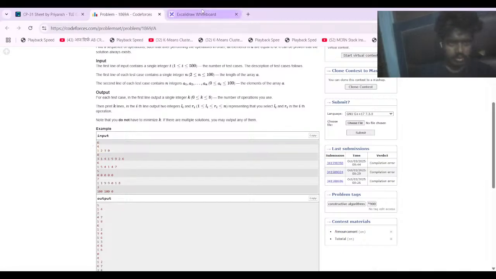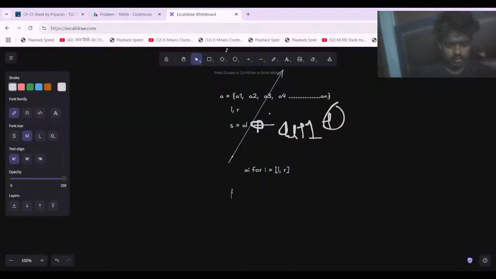Array 1 2 3, 1 2 3 and 0, right? So all these numbers are considered. If I find S equal to 1 XOR 2 XOR 3 XOR 0, then I know I can report this as one of my useful operations, right?